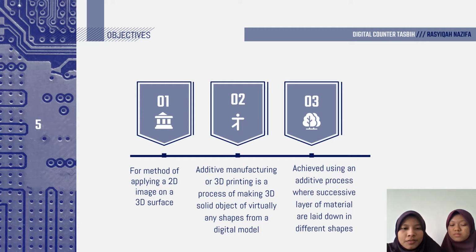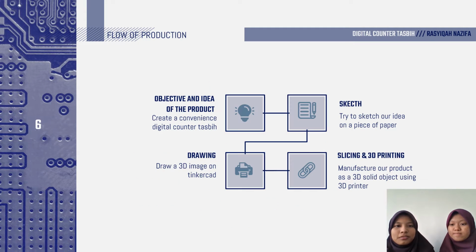Second, additive manufacturing or 3D printing is a process of making a 3D solid object of virtually any shape from a digital model. Third, achieved using an additive process where successive layers of material are laid down in different shapes.